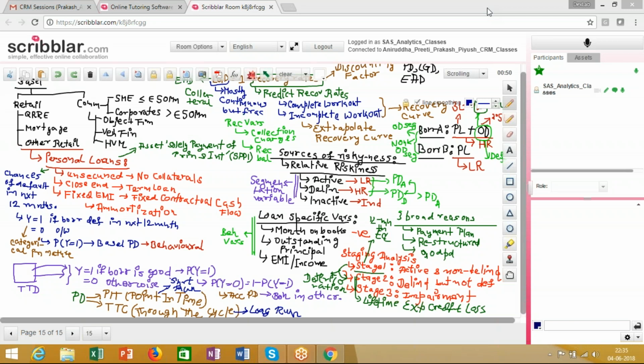And the through the cycle case over here is the long run case, right? So if I talk about long run, that estimation has to be very stabilized in nature.